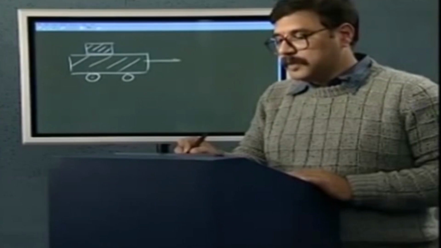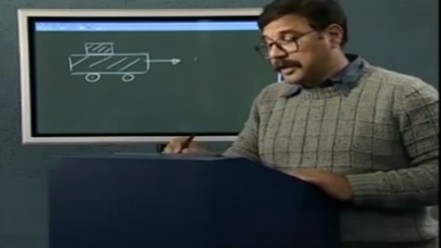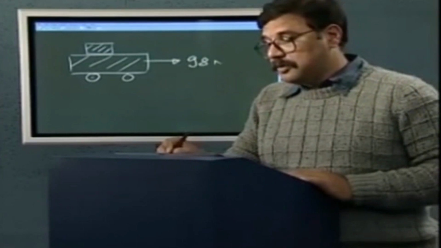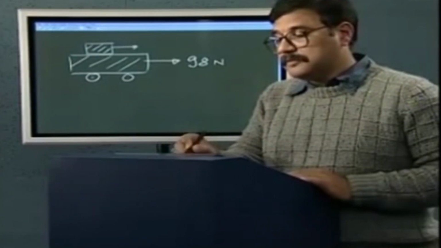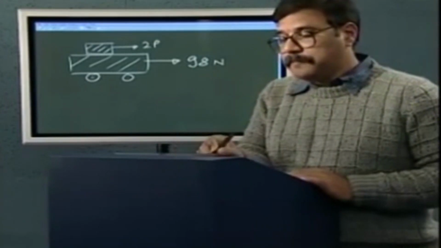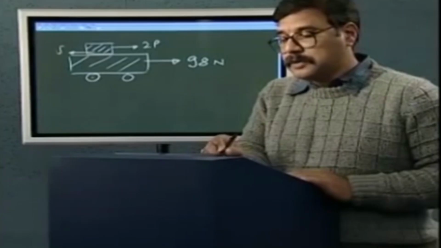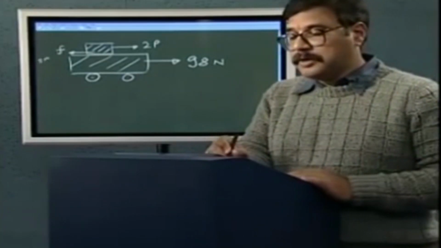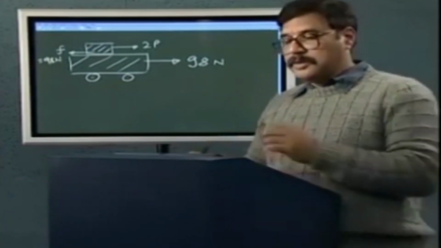This fellow is moving this way. Maximum force it can have in this direction 98 newtons. This has a force 2p, and this has a force F maximum 98 newtons.